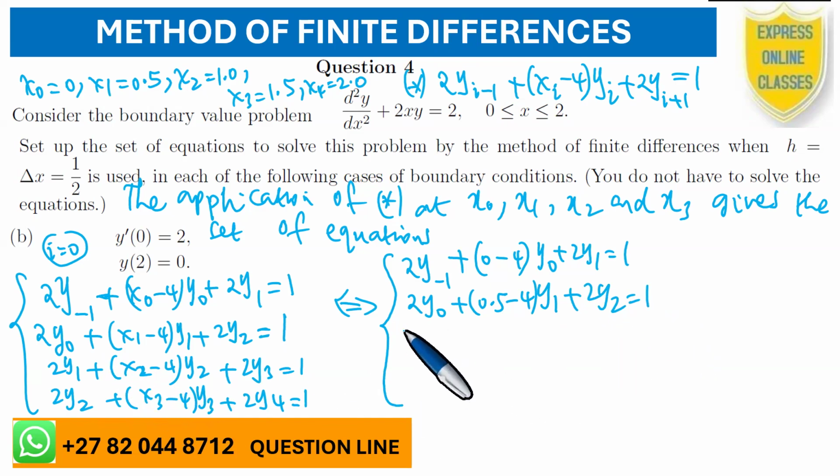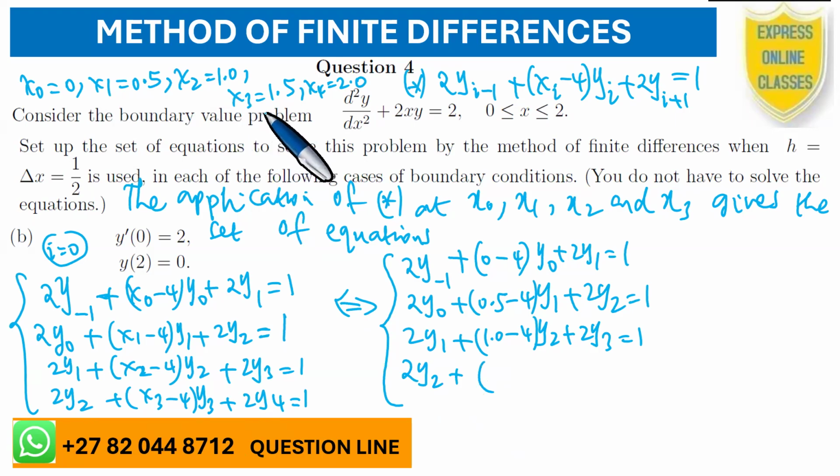Then 2 y1 plus x2, which is 1, minus 4 y2, plus y3 equals 1. Then x3 is 1.5, with y3 and 2 y4 equals 1.